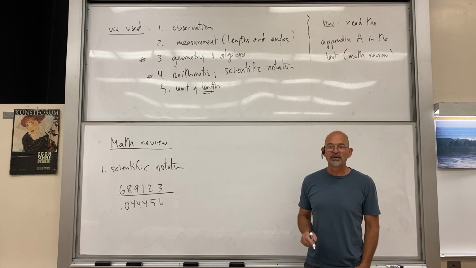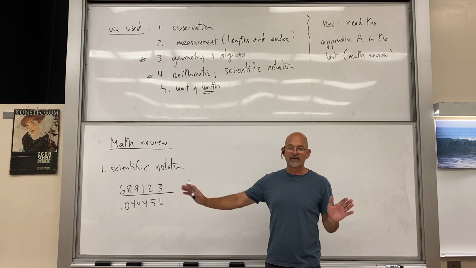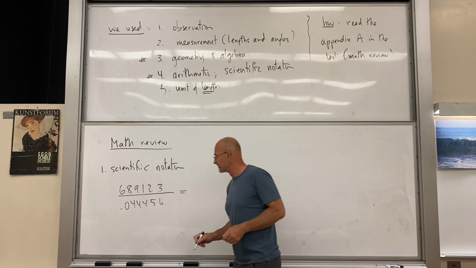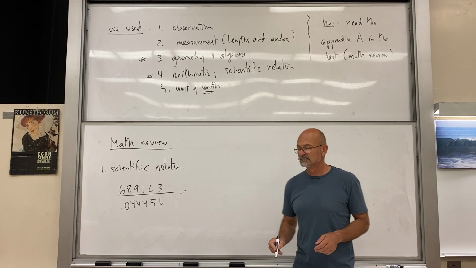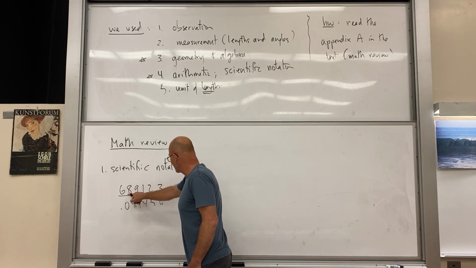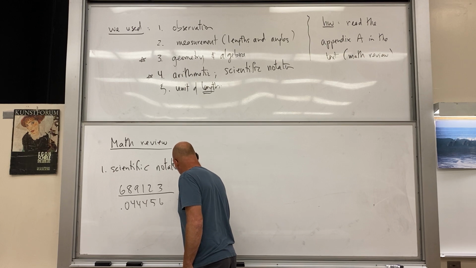Now, what we want to do is we're going to learn not to be afraid of numbers. So we want to do this division without a calculator. And we'll use scientific notation.